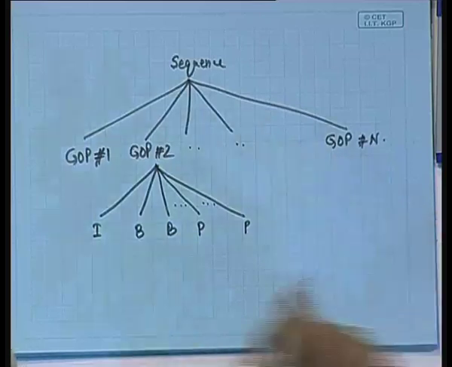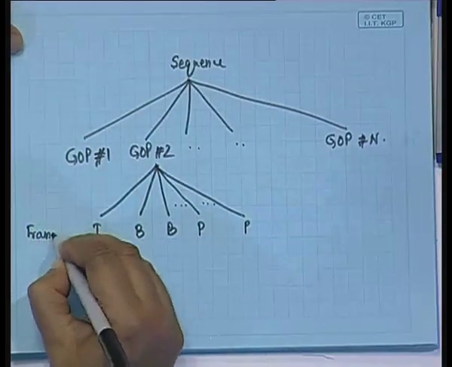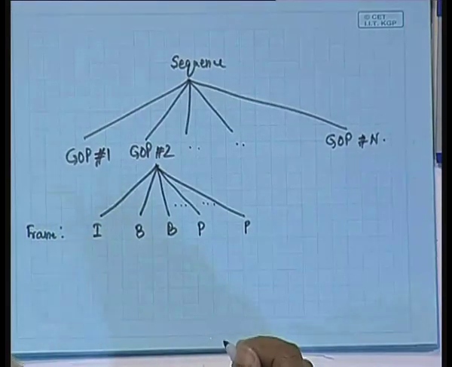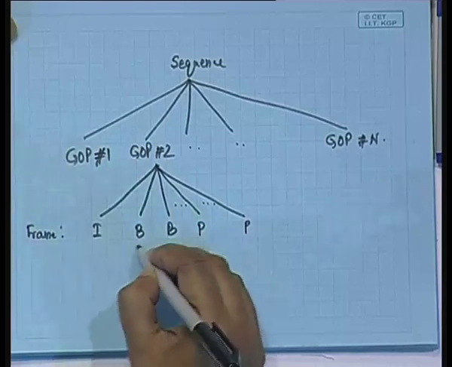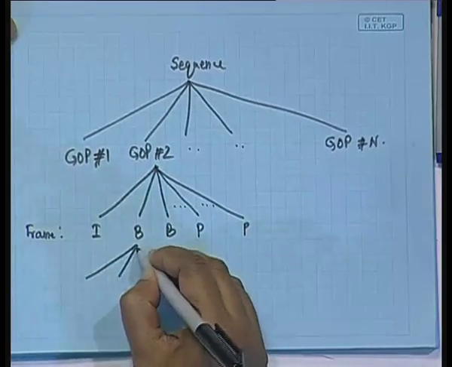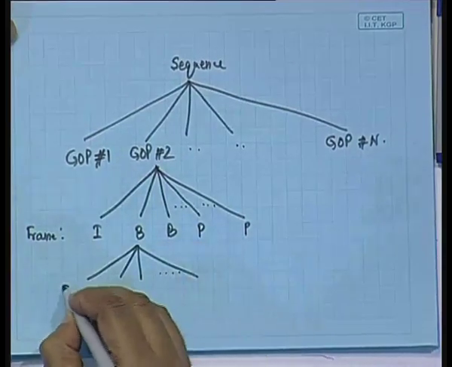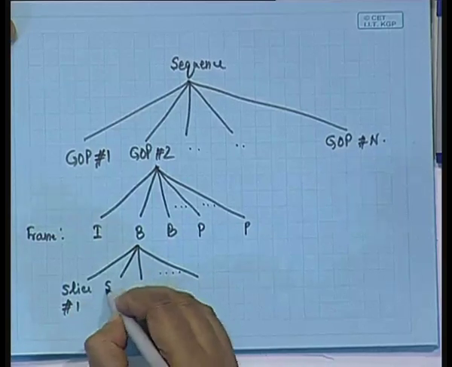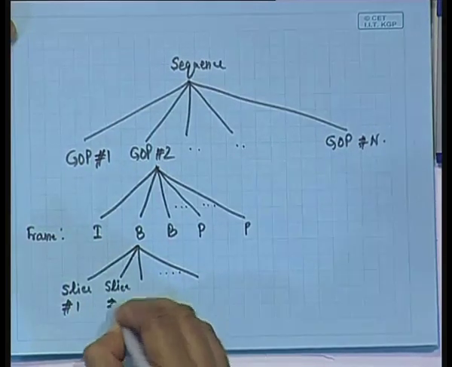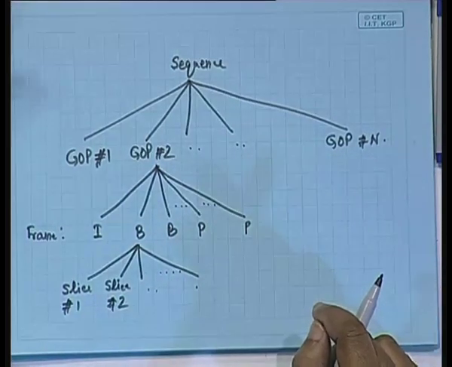Now, every such individual frame is partitioned into a set of slices. Let us look at a particular frame partitioned into various slices: slice number 1, slice number 2, and so on. A slice is a part of the picture.